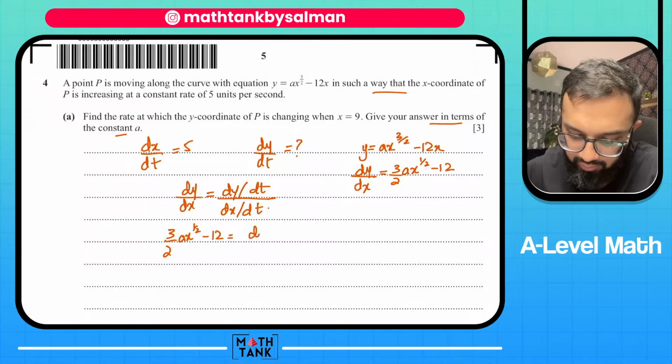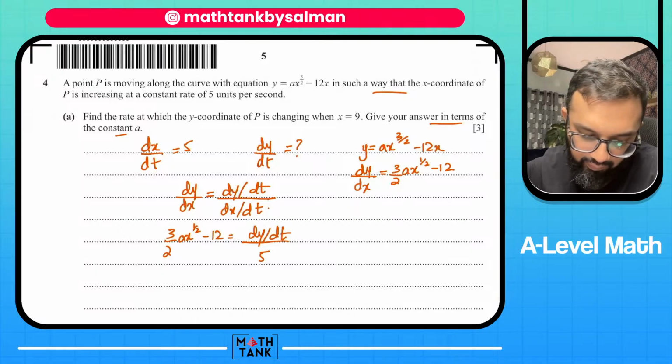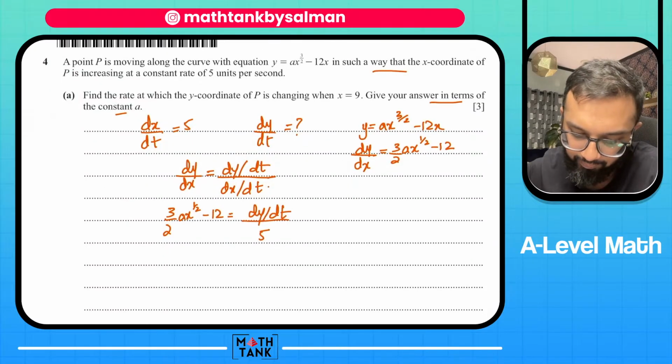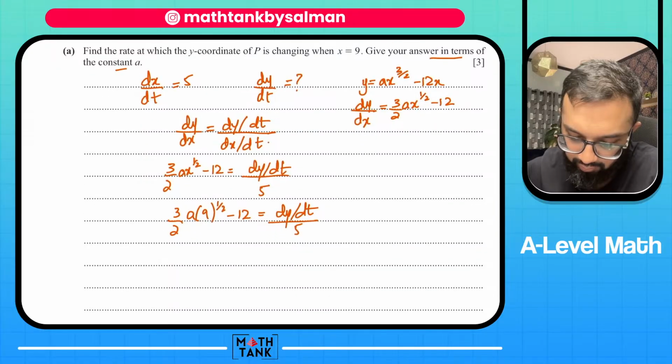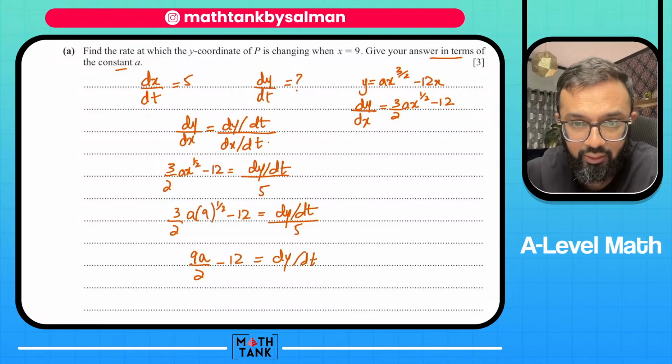So that's 3 over 2a x power half minus 12. dy over dt is what I don't know. dx over dt is 5. So 3 over 2a 9 power half minus 12. 9a over 2 minus 12 dy over dt.